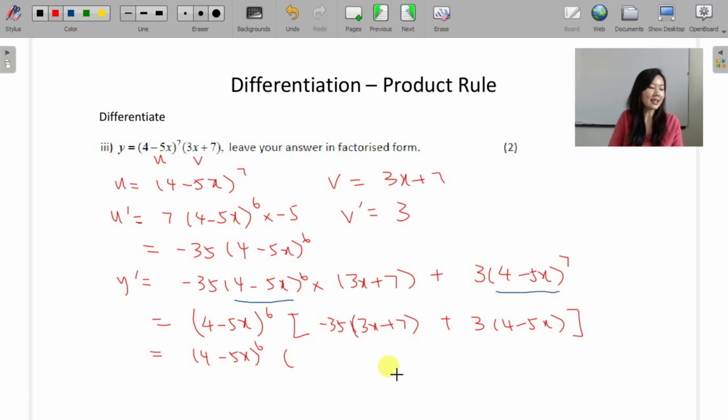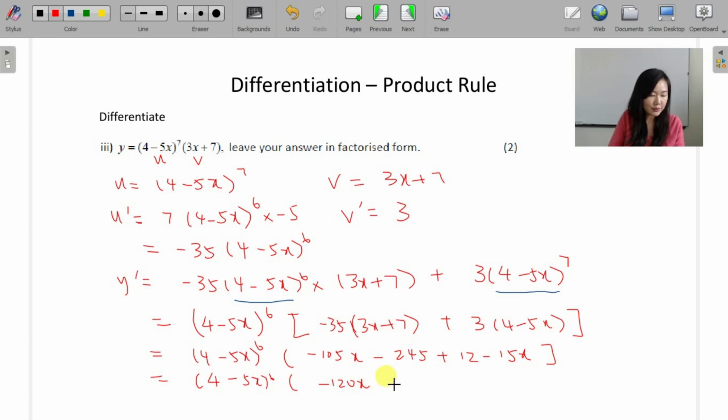I thought that was 13 for a moment. Just making sure I got that right. All right, so that's 105. And then collect your like terms, so 105 minus 105 minus 15 minus 120 and minus 233.